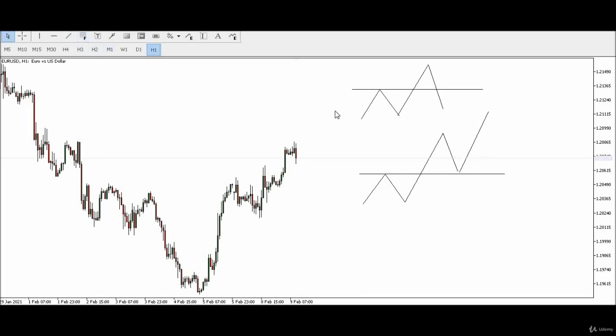Like this. So these are two scenarios most important for us.